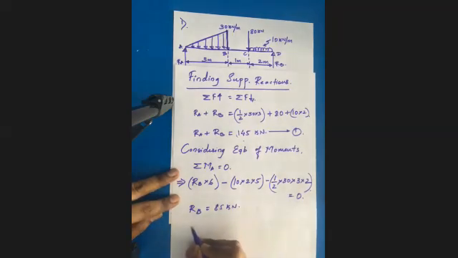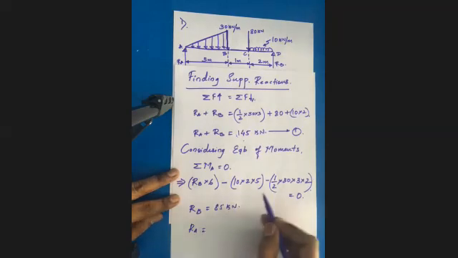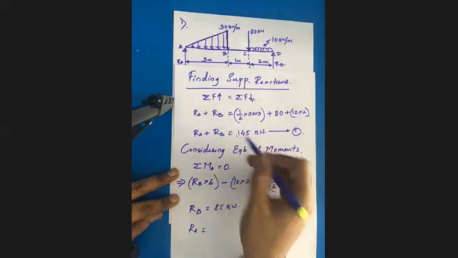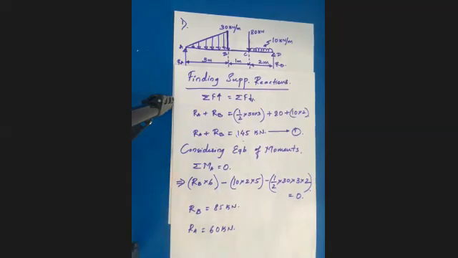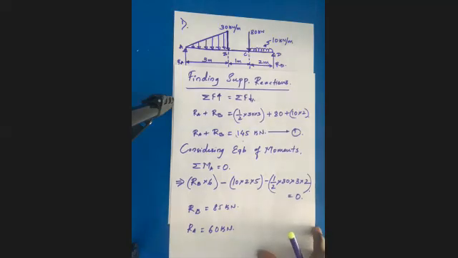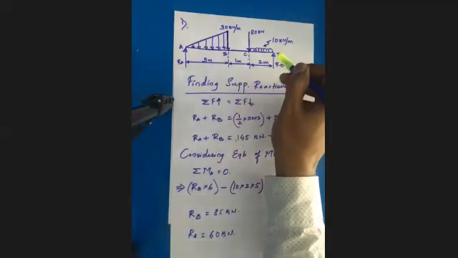And RA, if I substitute the value of RB from this into this equation, I'll get the value of RA as 60 kilonewton. So this is how I found out the support reactions, one at this point, other at this point.